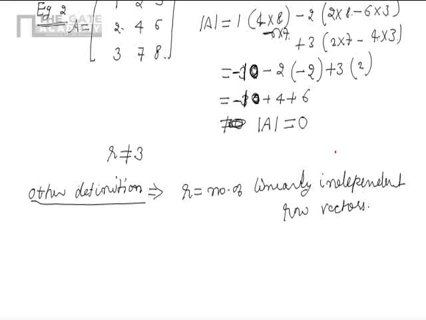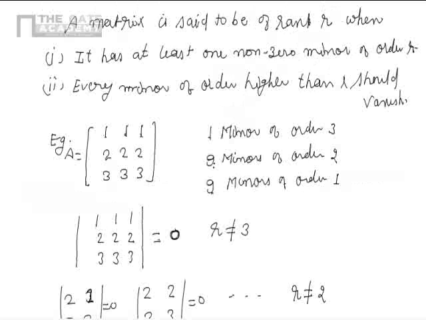So in the first example, we can see 1 1 1, 2 2 2, and 3 3 3. The second and third rows are nothing but dependent rows, which can be obtained by multiplying 2 and 3 to the first row. So there was only one independent row in the first example. So the rank of the matrix was 1, as we have seen already.